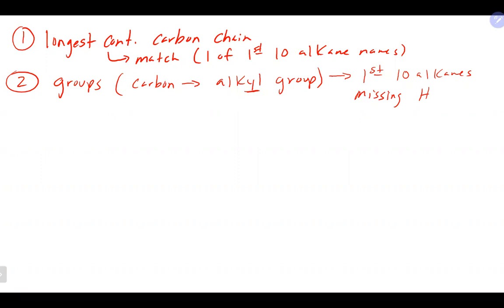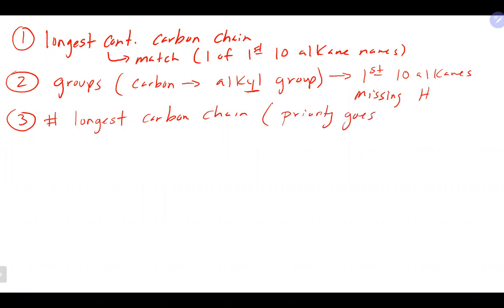Once you have your longest continuous carbon chain and you've identified all the groups, the next thing you want to do is number the longest carbon chain. And here the priority goes to the groups.